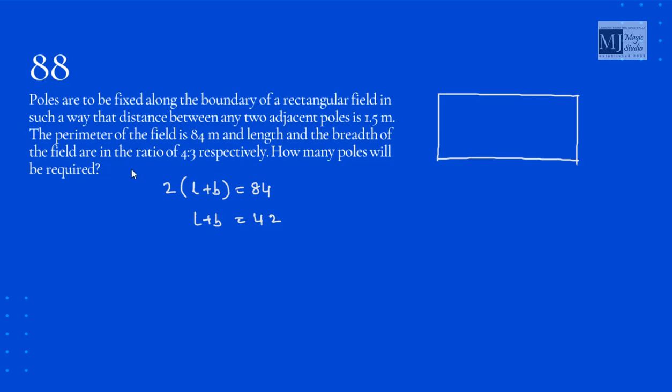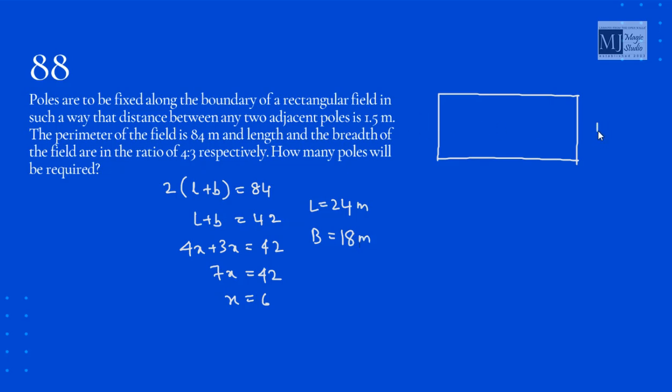And length and breadth are in the ratio of 4:3. That means 4x plus 3x is 42, 7x is 42, then x is 6. So length is 4 into 6, 24 meter, and breadth is 3 into 6, that is 18 meter.